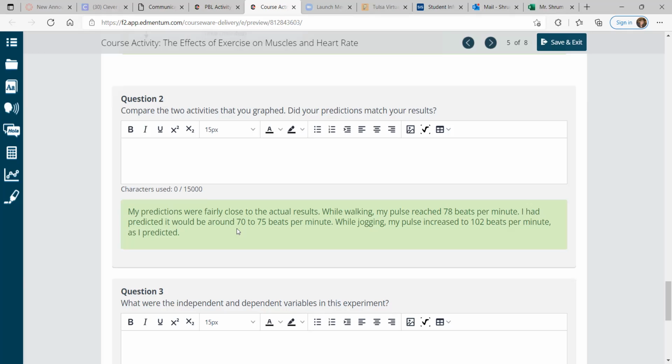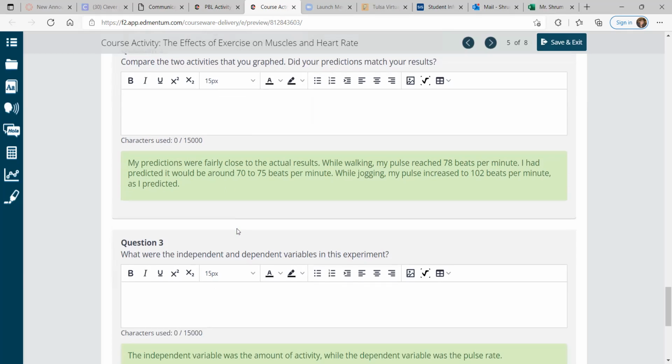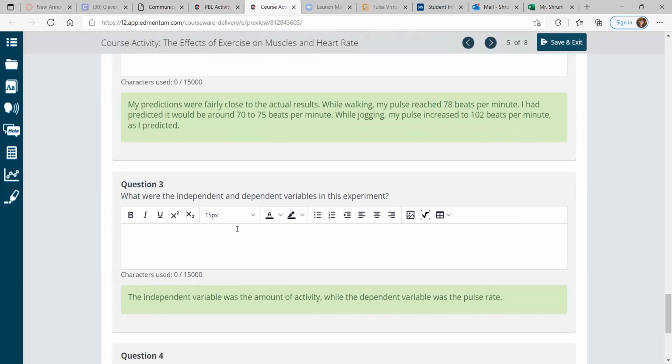So this person made fairly accurate predictions. And it's okay if you did not, right? Maybe you were expecting your heart rate to be lower or higher. That part's not important. It's the fact that you're measuring your predictions versus the results.